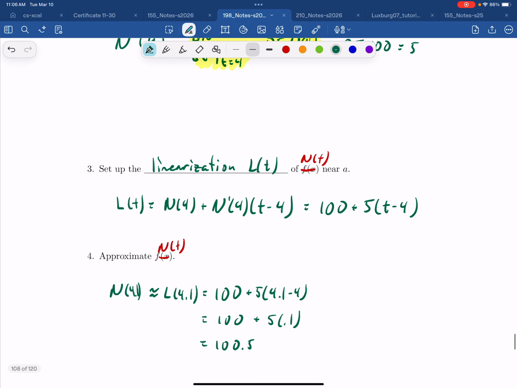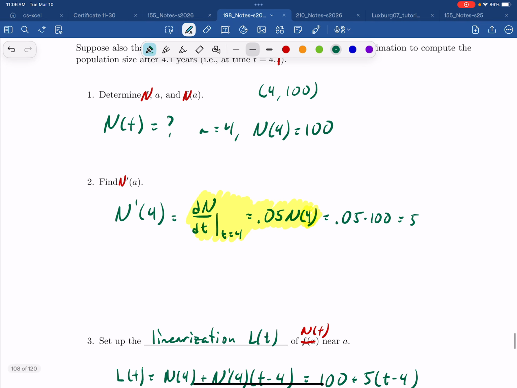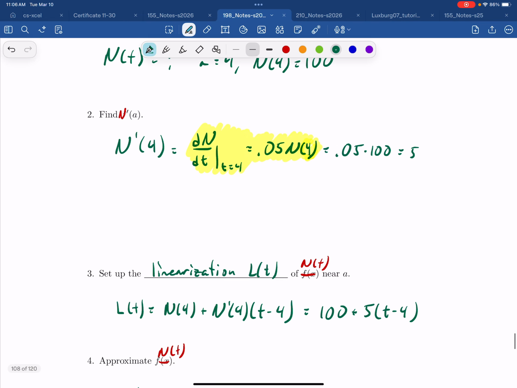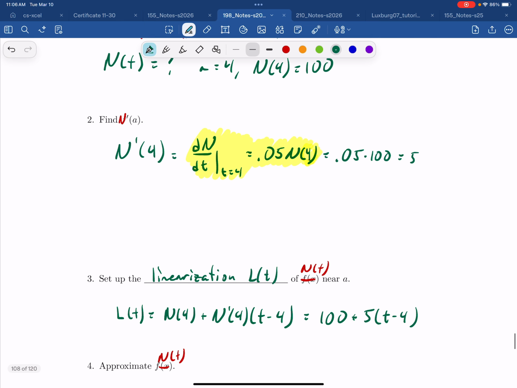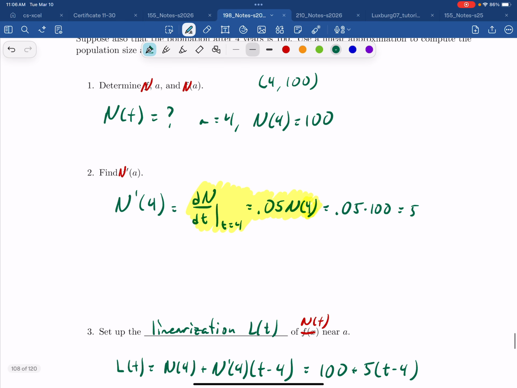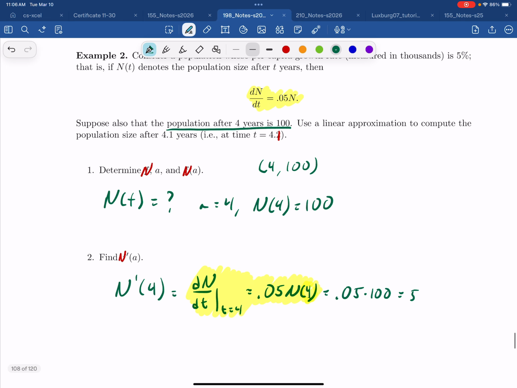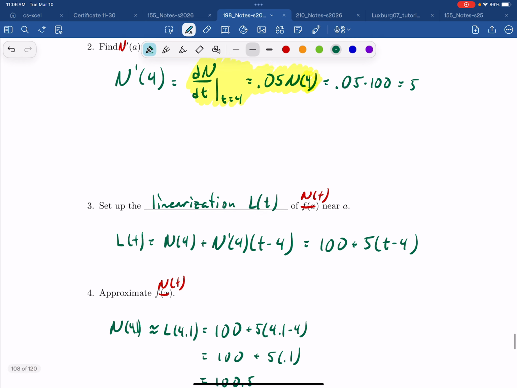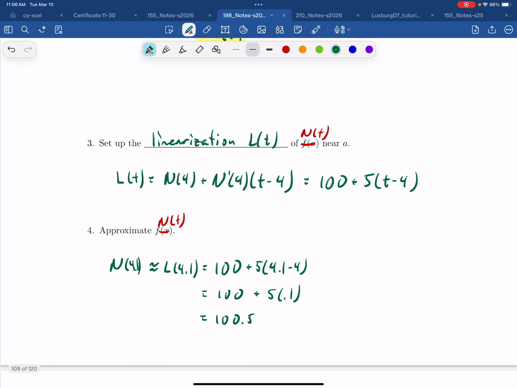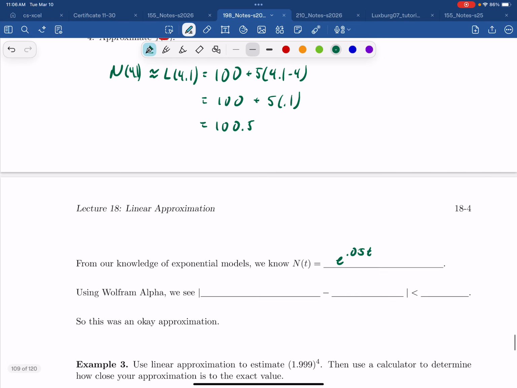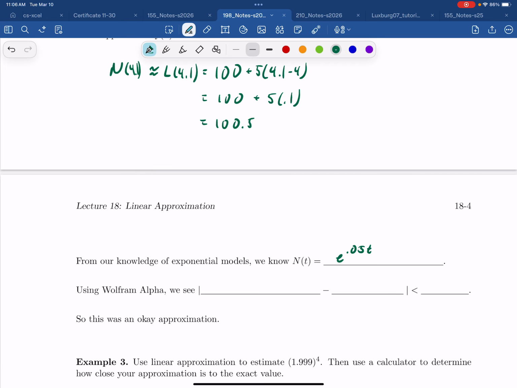I'm just wondering why that's a little bit high like that. I guess that was a little bit further off than I realized. But let's see. We have that. I want to make sure that this is all correct. 0.05.